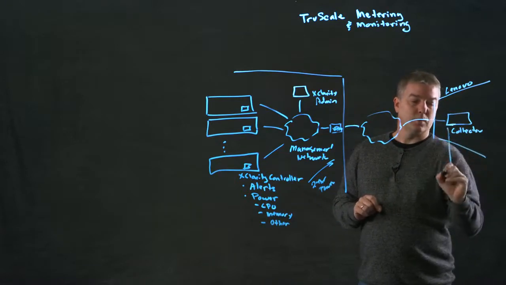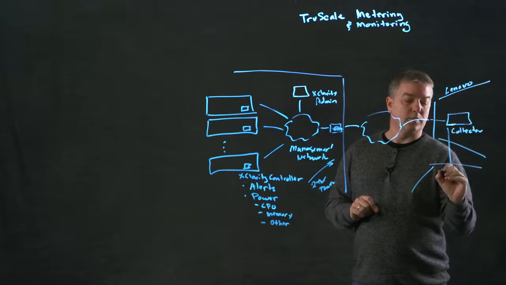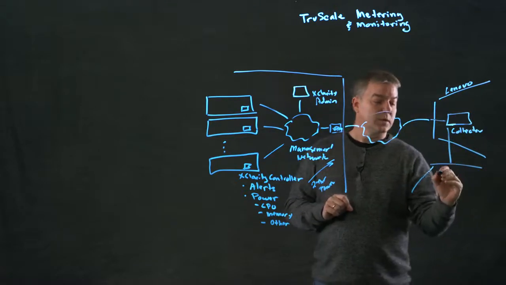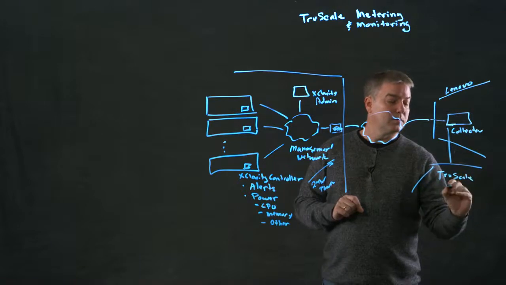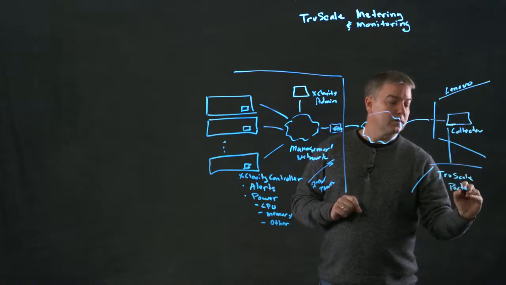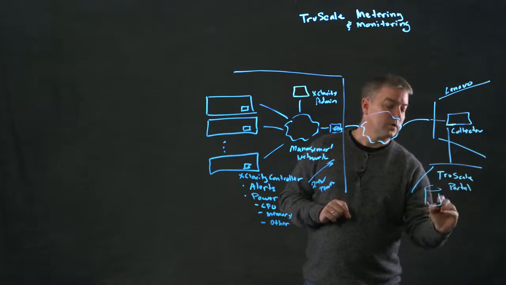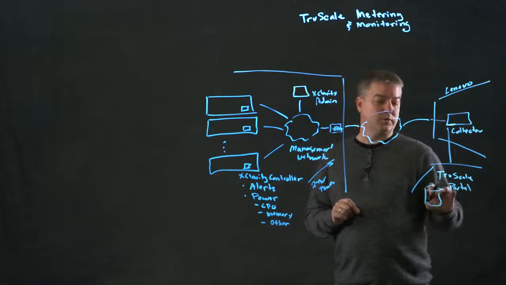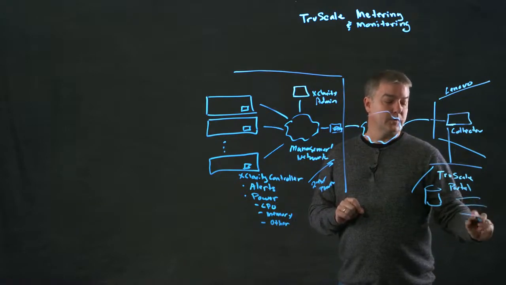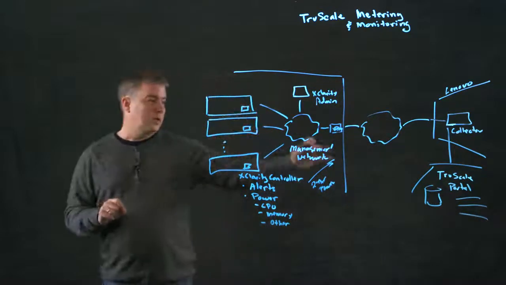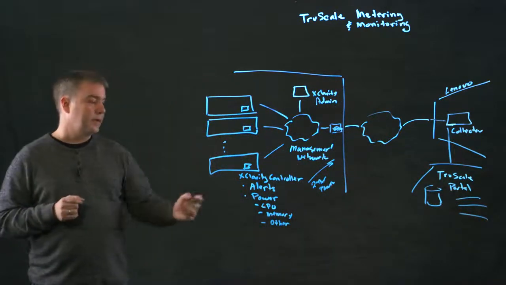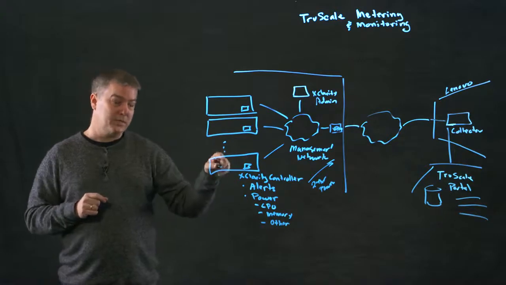Now from there, we pipe it into our portal. We have this really nice TruScale customer portal. This portal stores all this information for all of our customers, and it shows it. So we can go in there and display all the information about these servers in that portal from an end perspective. We know exactly what percentage is being used.